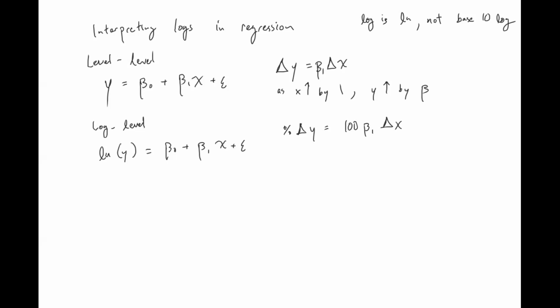So in other words, as x increases by 1, y increases by 100 times beta 1%.